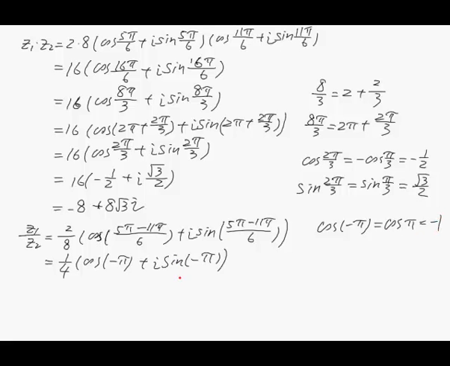And the sine of the negative pi is equal to 0. Okay, so we have the negative 1 times 1 over 4. This is I plus 0, I times 0. So finally, you have the negative 1 over 4. And then we find the quotient.